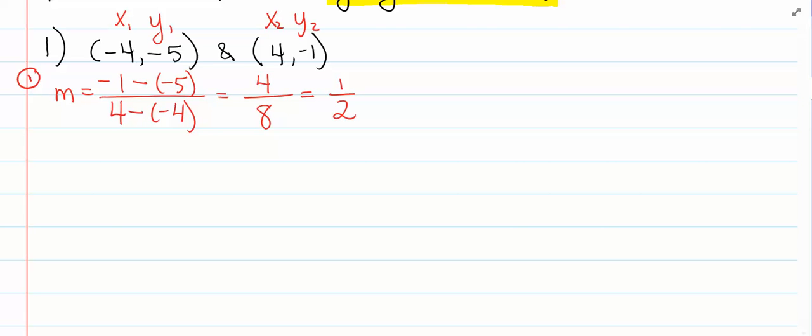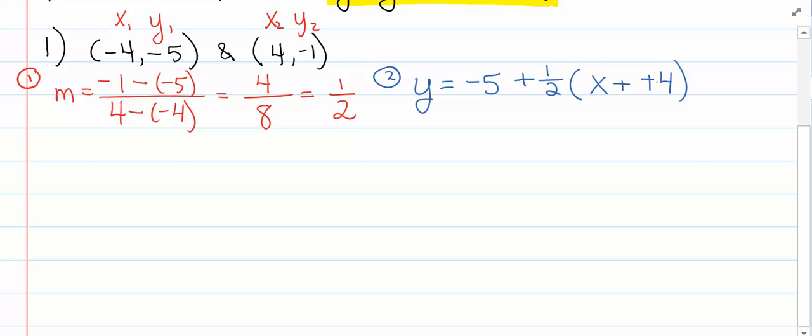Your second step is you want to find point slope form, so y equals y1, so -5, plus your slope, so 1/2, times x minus x sub 1, minus -4 turns to plus 4.